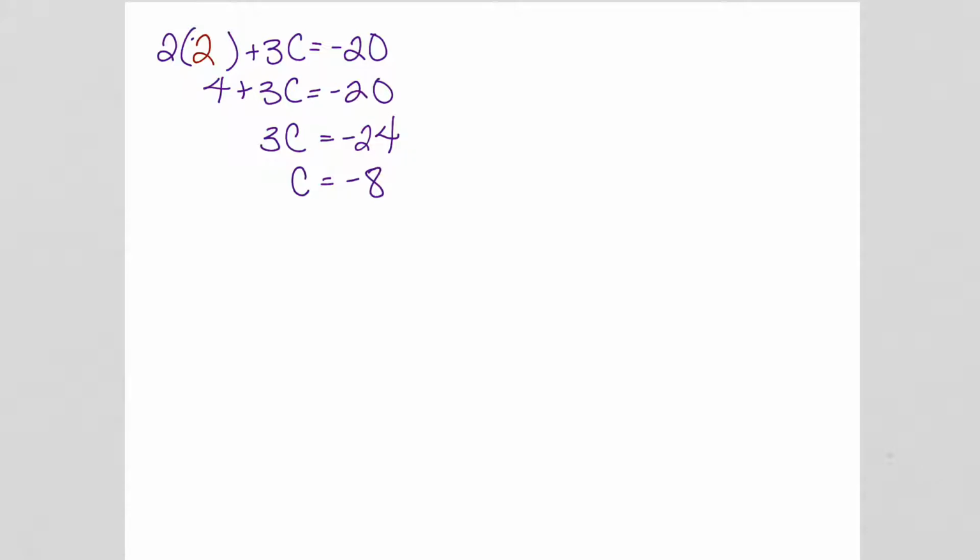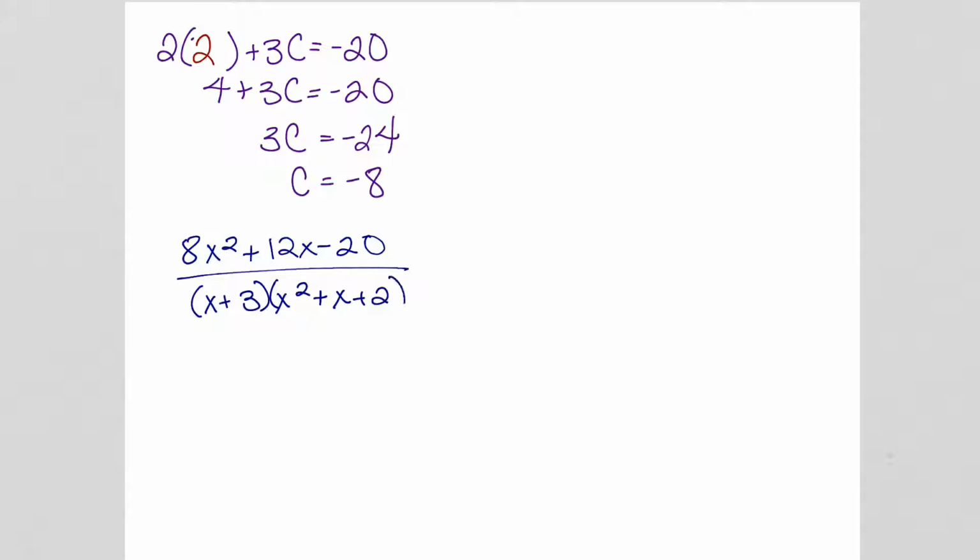Now we can write our equation. So back to our original. And we just write this out for consistency. And we've got over x plus 3 and over x squared plus x plus 2.